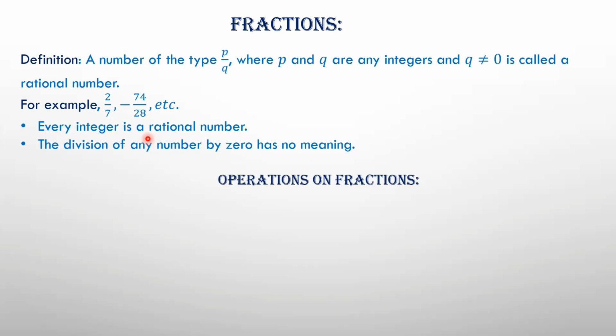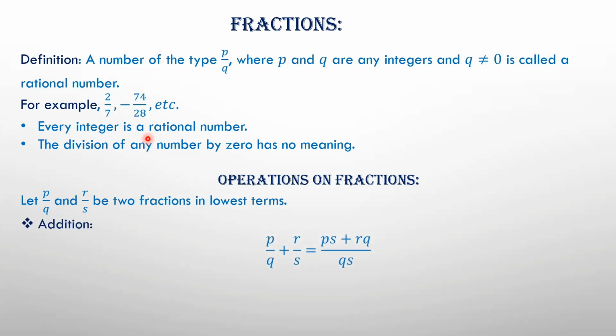Now operations on fractions. Let P by Q and R by S be any two fractions in lowest terms. Means we can't divide them again. That is the lowest. How to add fractions? If P upon Q plus R upon S, these are two fractions, then there are two ways to find addition.